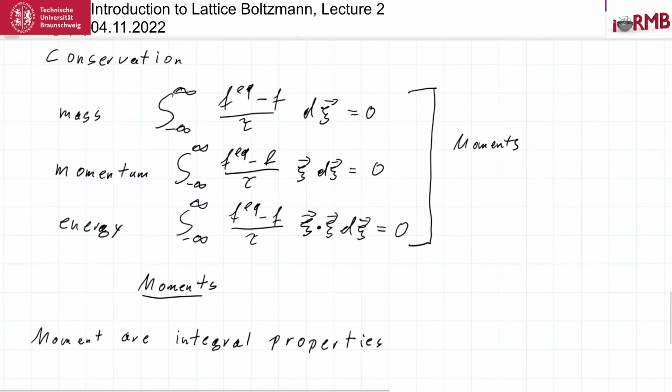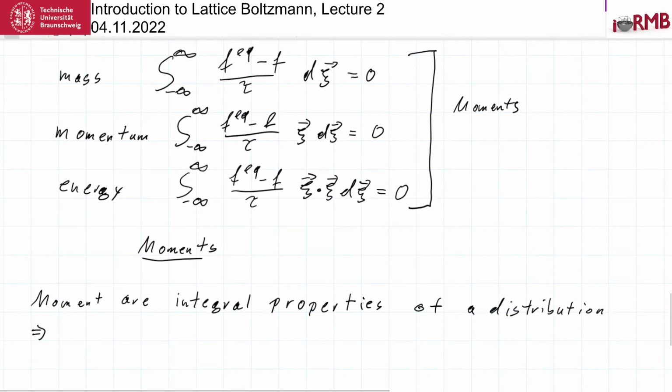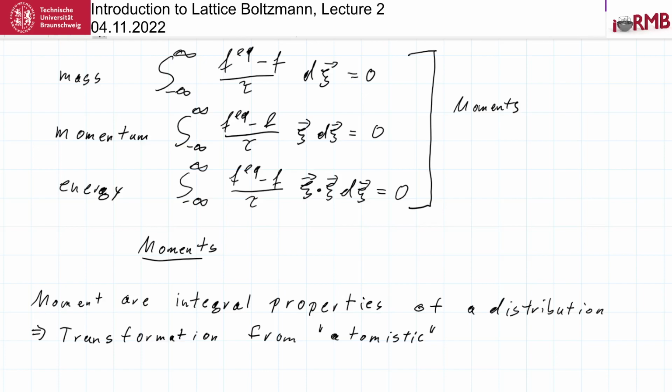So it's an integral property of a distribution. And what it does for us is giving us the transformation between microscopic variables and macroscopic variables. So as I just said, we're counting atoms. So we have an atomistic description, and we take this to a continuous macroscopic description.